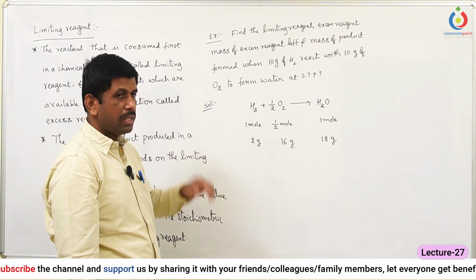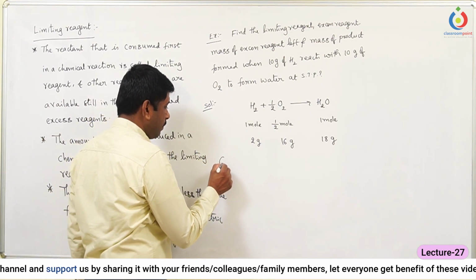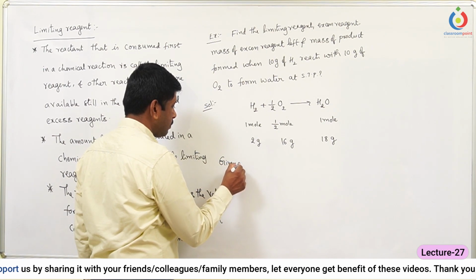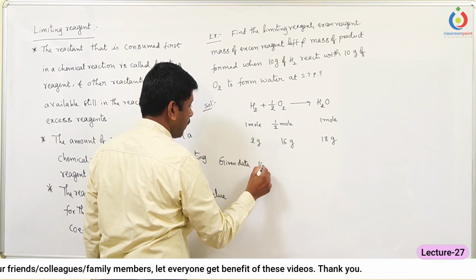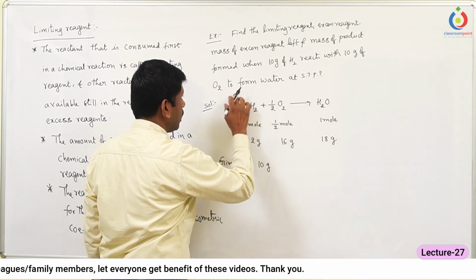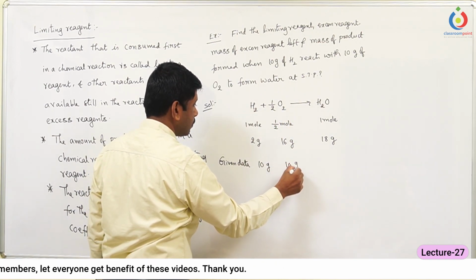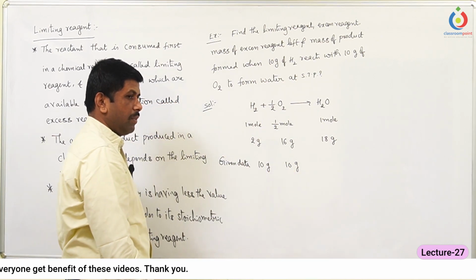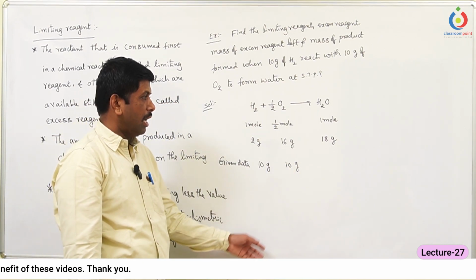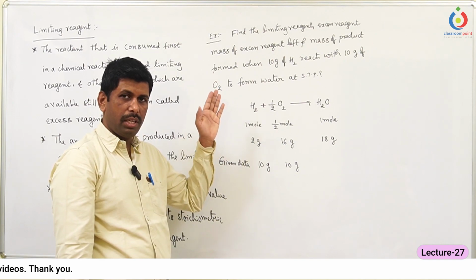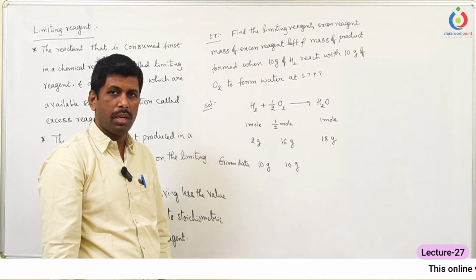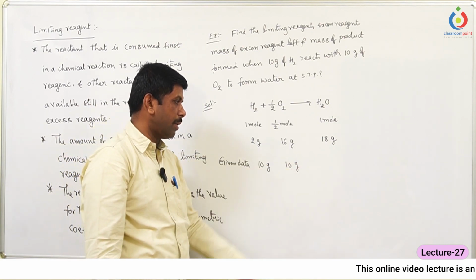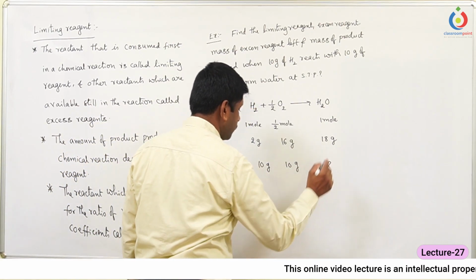But the given information is different. Here the given data is 10 grams of H2 and 10 grams of O2. So equal masses of the reactants are taken, and we are asked to identify the limiting reagent, excess reagent, mass of the excess reagent, and amount of the product that is going to be produced in this particular reaction.